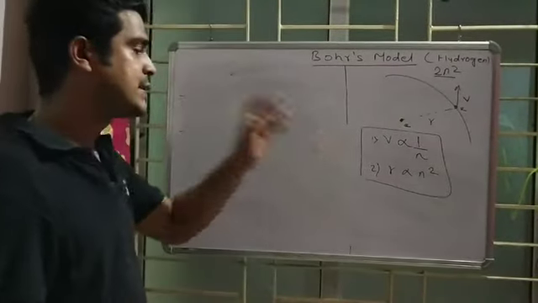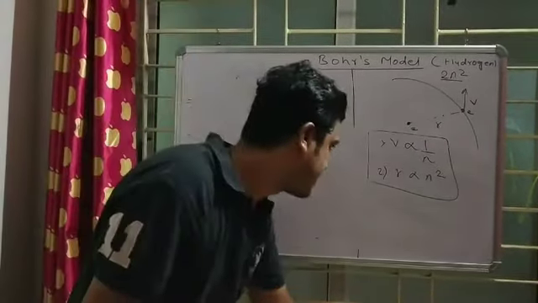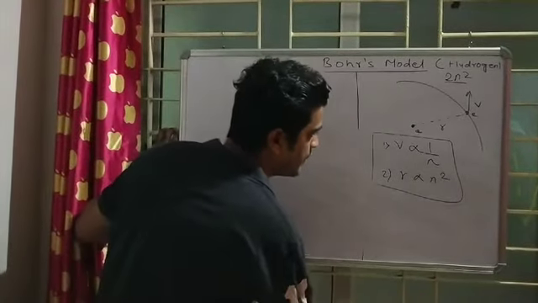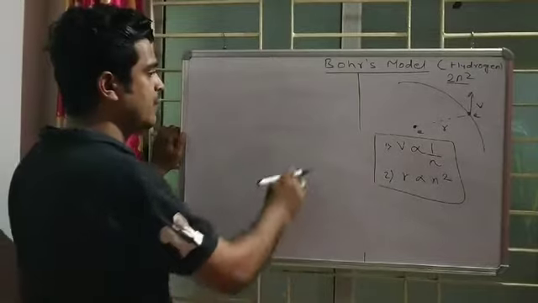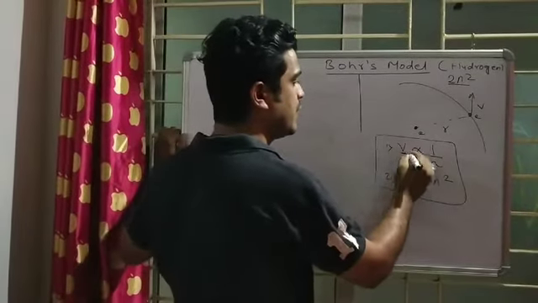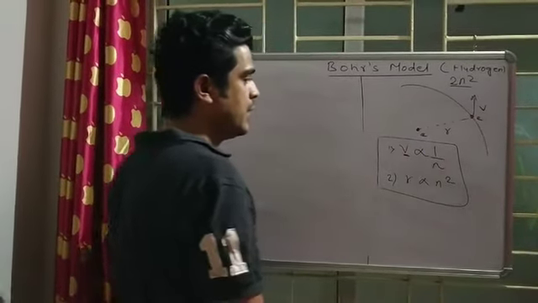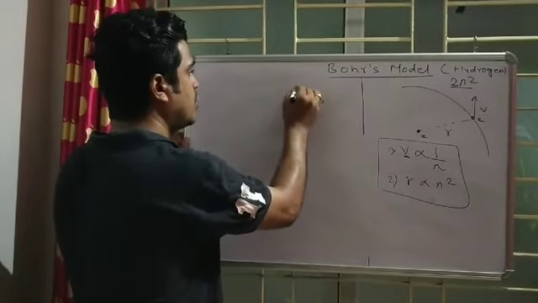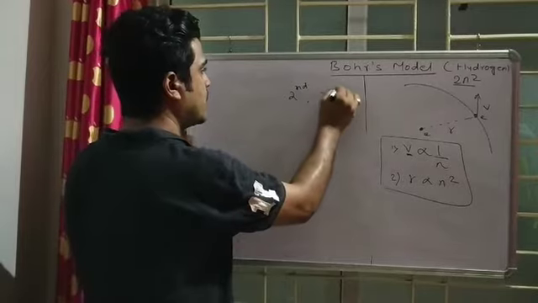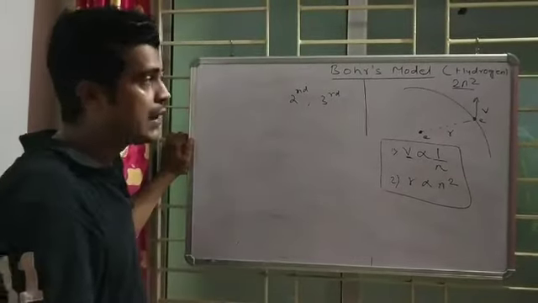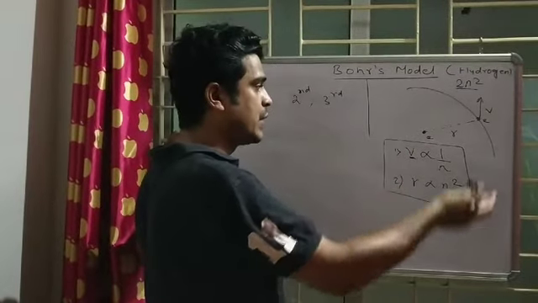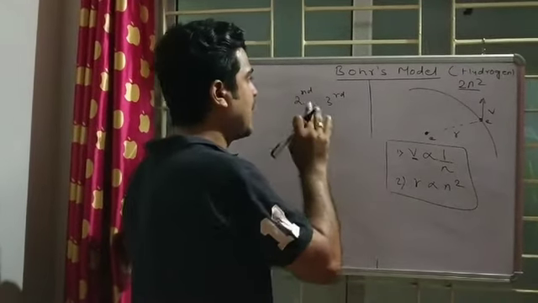Using this, they will also ask some questions. These questions will be like: what will be the ratio of velocities in the second orbit and third orbit? Although it is not possible for hydrogen, since hydrogen has a single electron and there is no second orbit or third orbit, suppose I ask a question like this.